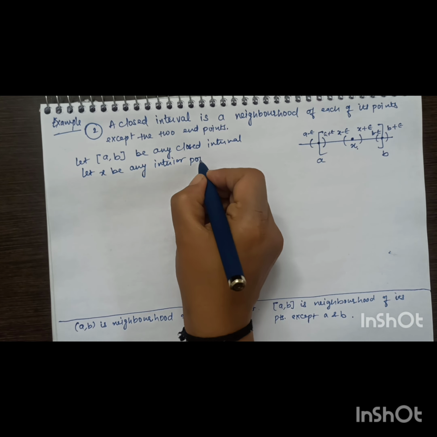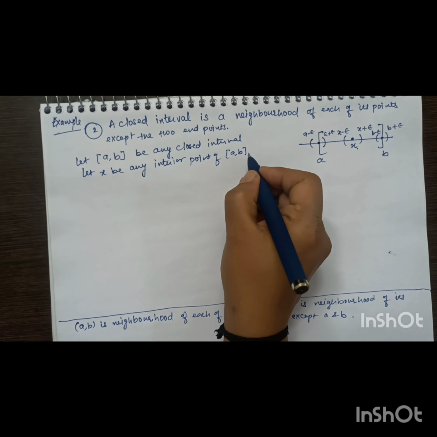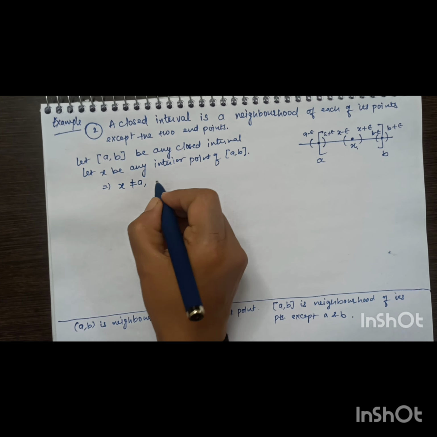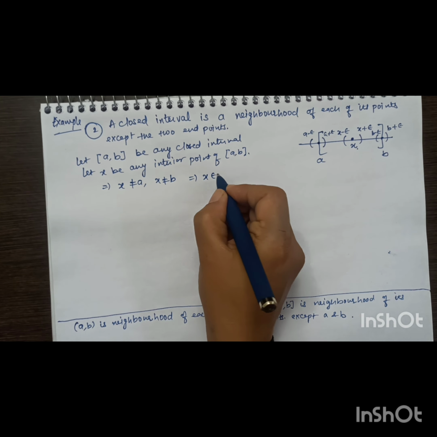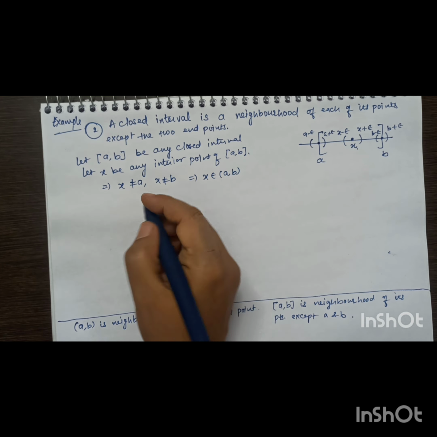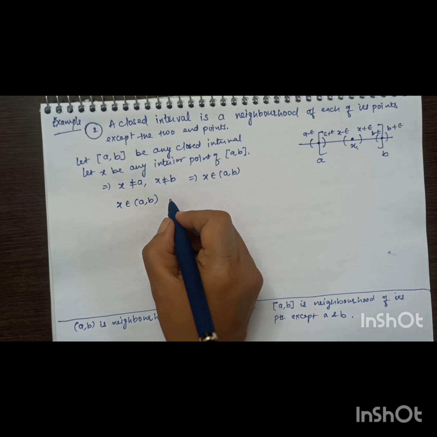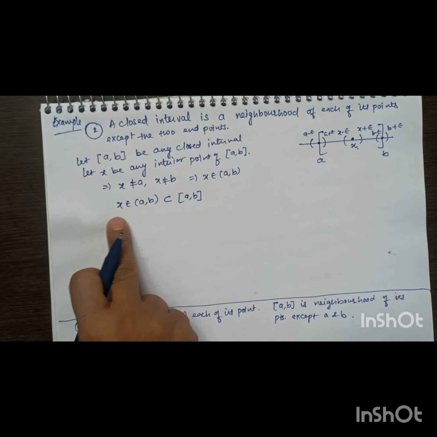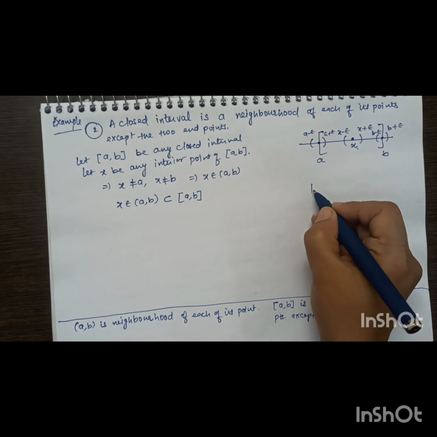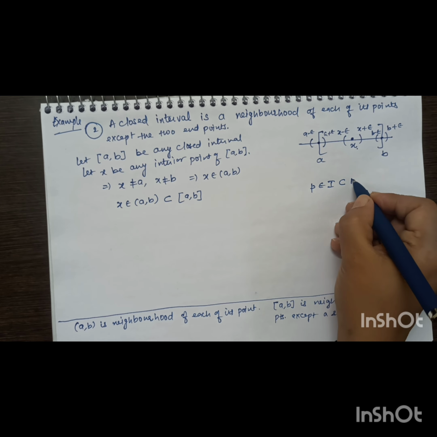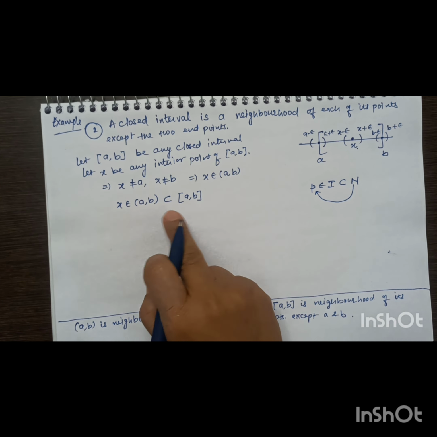So let closed interval AB be any closed interval we are choosing, and let x be any interior point. Interior point means it belongs to the open interval AB, and for the open interval we have already concluded the result that x belongs to the open interval and the open interval is contained in the set.